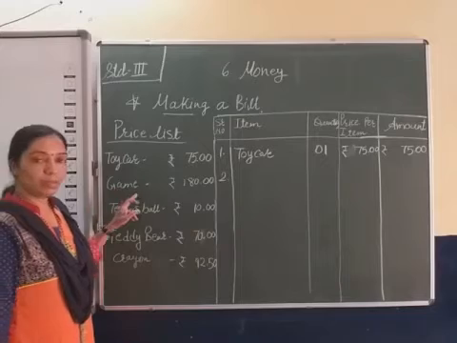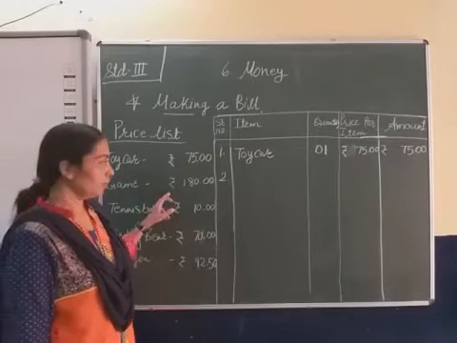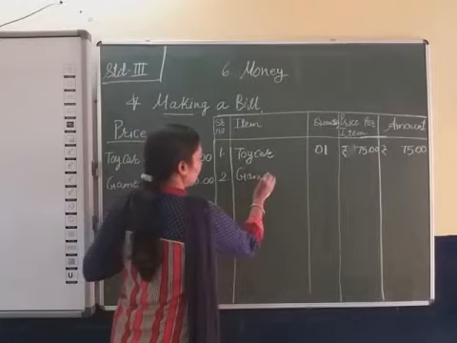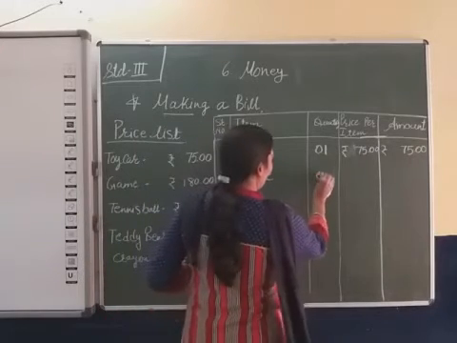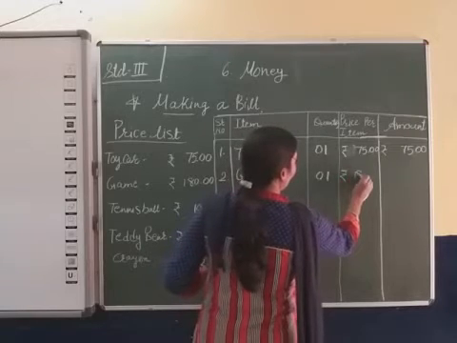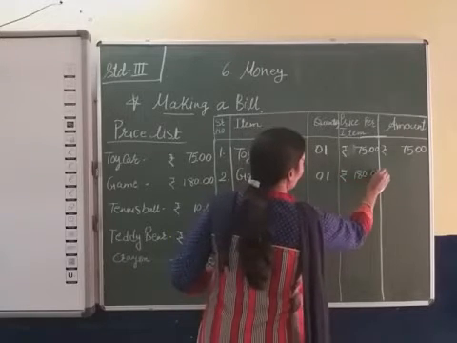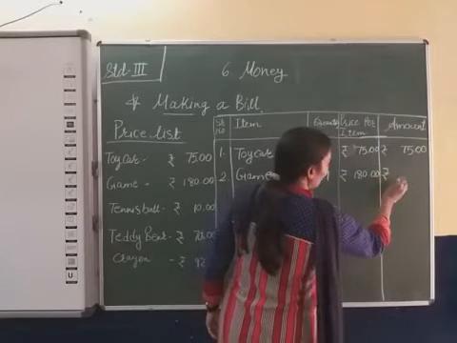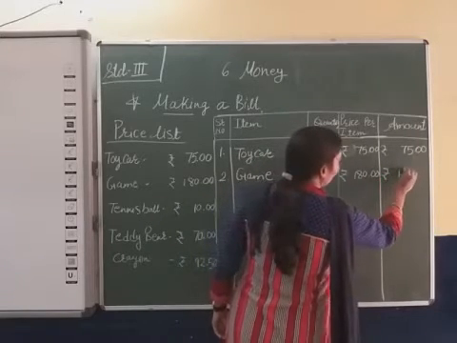I purchase 1 game. So I write it here. Game, quantity 1, rupees 180. So the total amount is rupees 180.